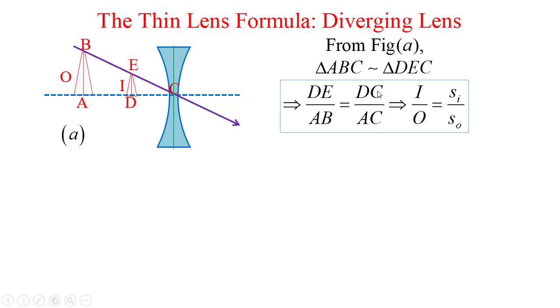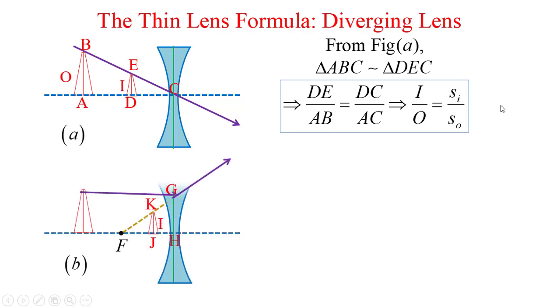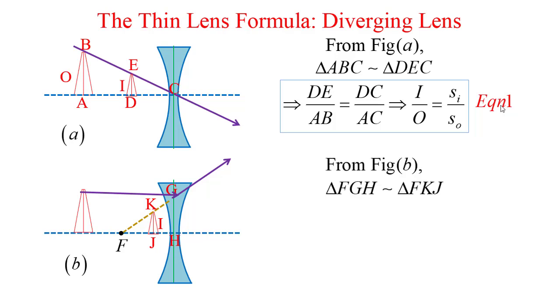But DC divided by AC is simply SI divided by S naught. We will hold this as equation 1, and by continuing to the second part of the problem, that is figure B, from figure B, triangle FGH, that is this triangle, is similar to triangle FKJ, that is this triangle.